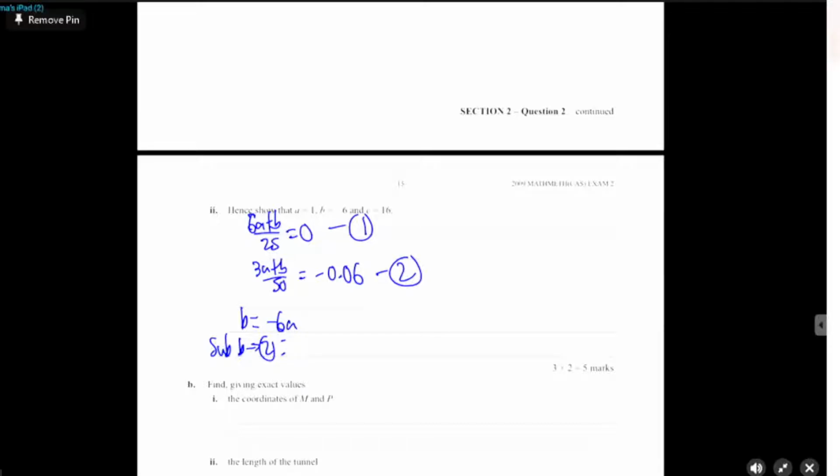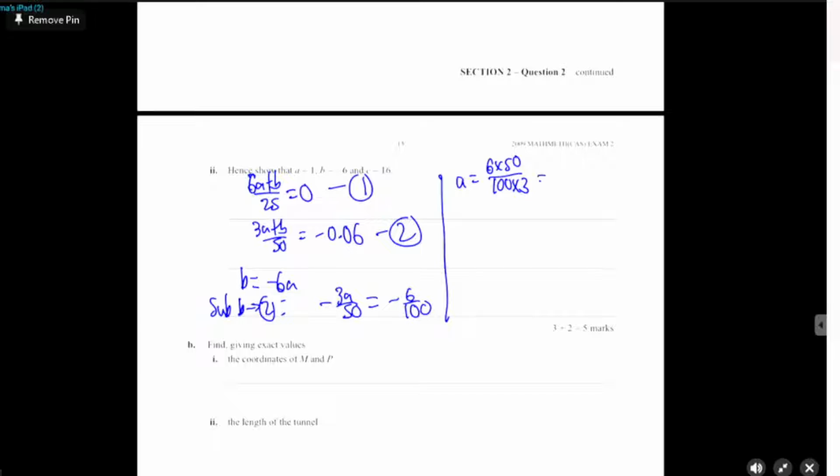negative 3a on 50 is equal to negative 6 on 100. And when I solve for a, I get a equals 6 times 50 over 100 times 3, which is literally just 1.